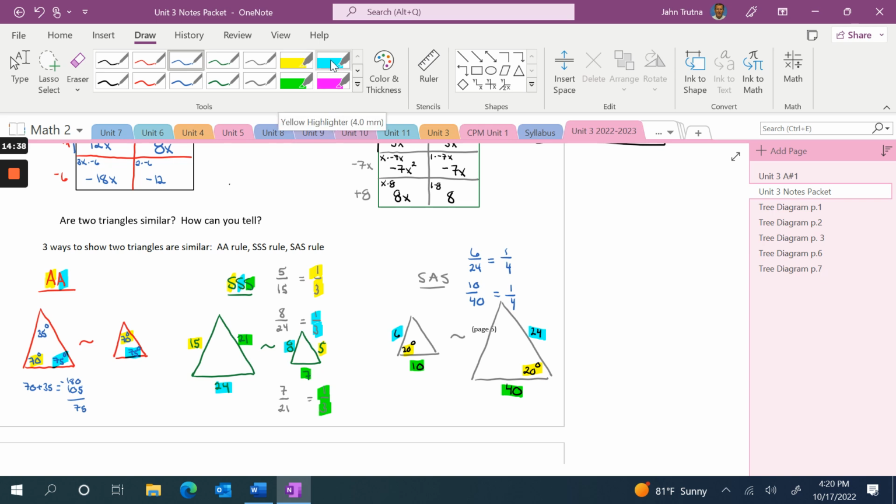And notice that the ratio 6 over 24 is equal to the ratio 10 over 40. And those come from the sides where the angle is in between. So I have side, pair of angles that are equal, and side.